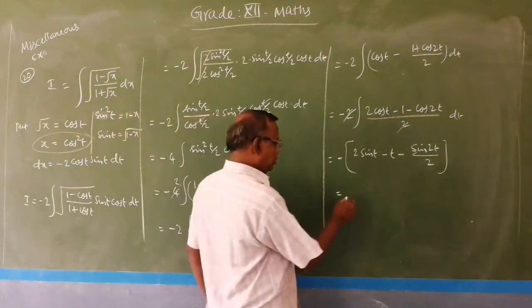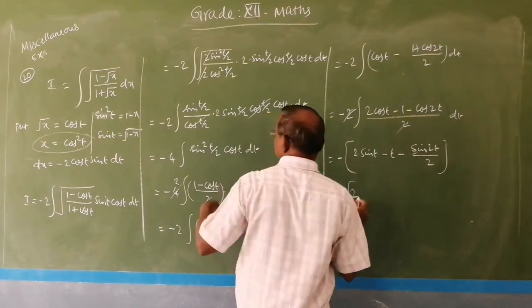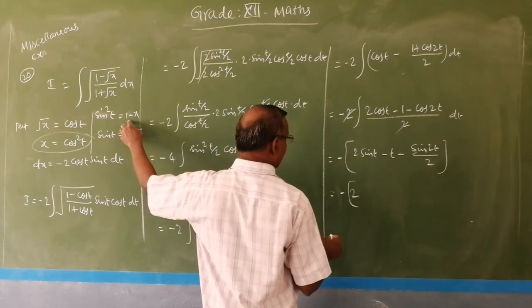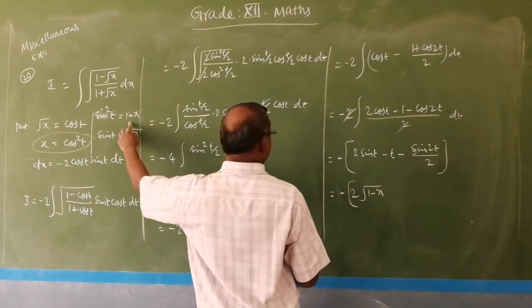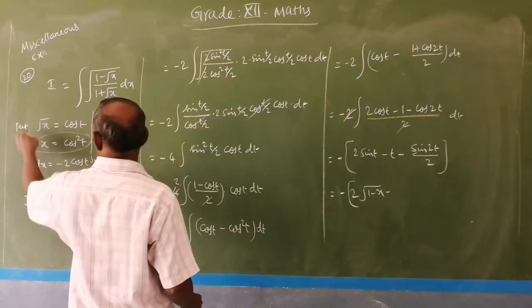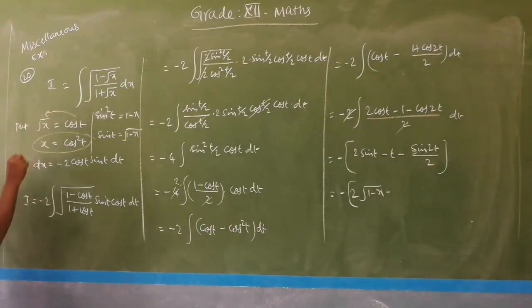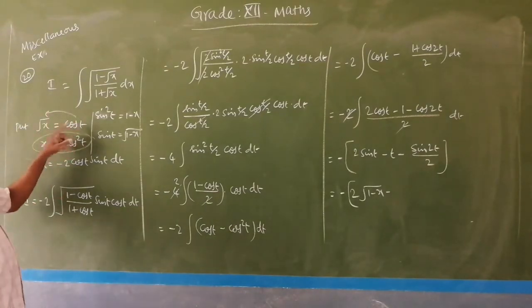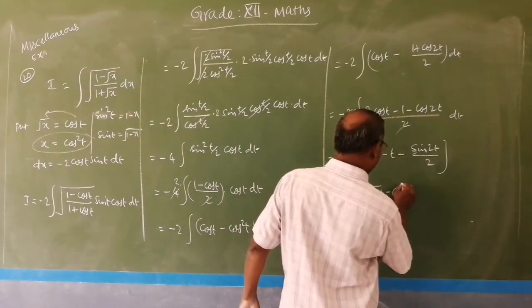So, we have 2 into sin t, which means root of 1 minus x, and minus t. Since x equals cos t, that means t equals cos inverse of root x.